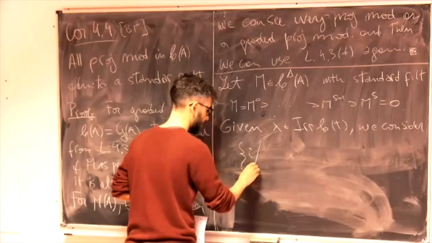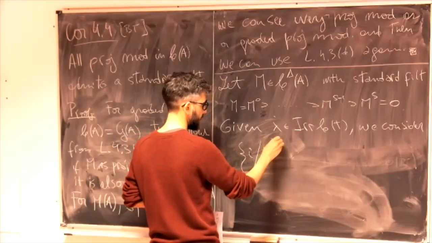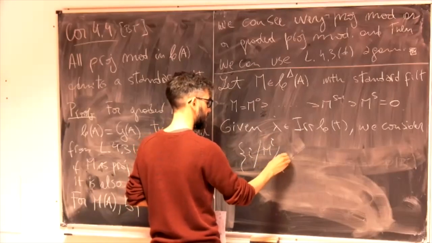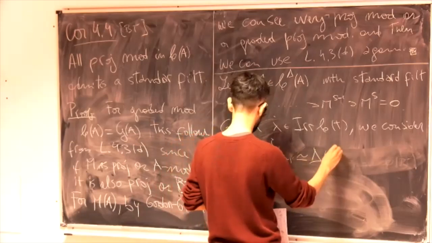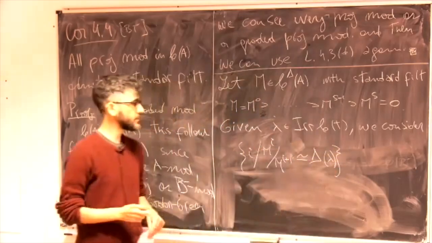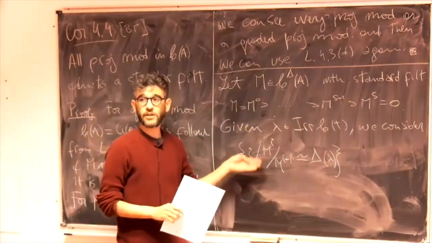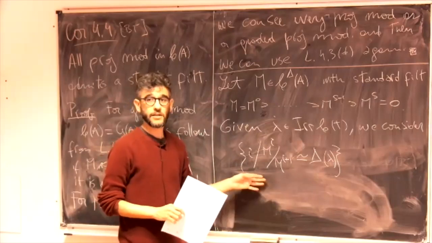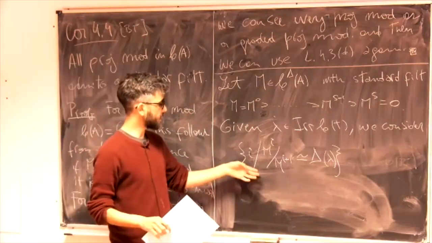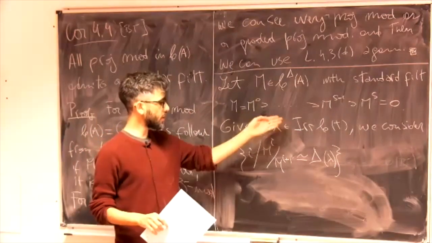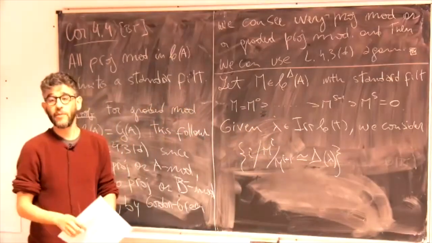We will consider the set of integers such that the quotient is isomorphic to delta lambda. We have the standard filtration, and we have this set. These are the set of integers such that the subquotient is isomorphic to delta lambda for a given lambda.